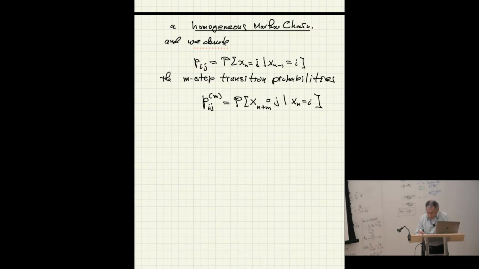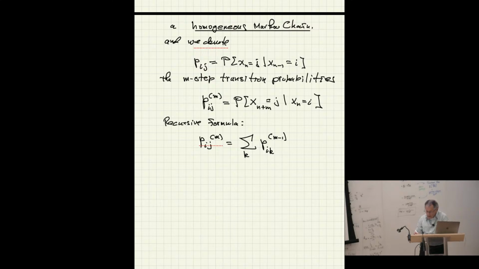And there's a recursive formula for this that we'll occasionally use. It looks like the following: p_ij for m steps is the sum over all values k of p_ik for m minus 1 steps.